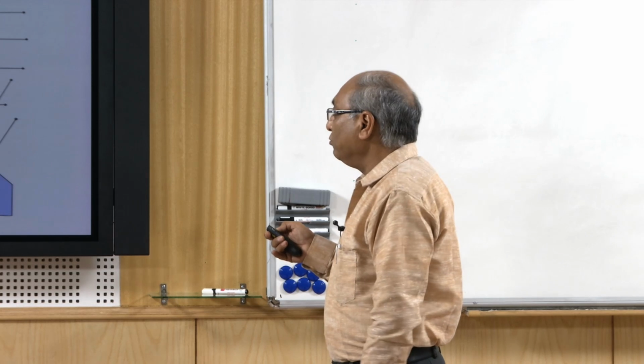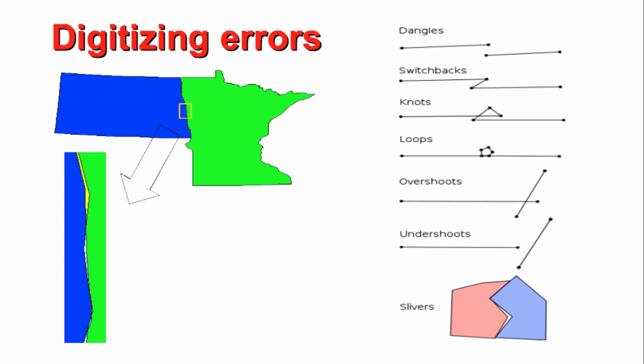There are certain names that have been given to different errors. Suppose you were supposed to digitize a straight line, but you left off here and then you restarted here. So, a gap was there, it was not intended. This kind of error is called dangles. Then again you wanted to digitize a straight line, somehow you got another node and you came back a little bit and went downward. So, there is a shift as well.